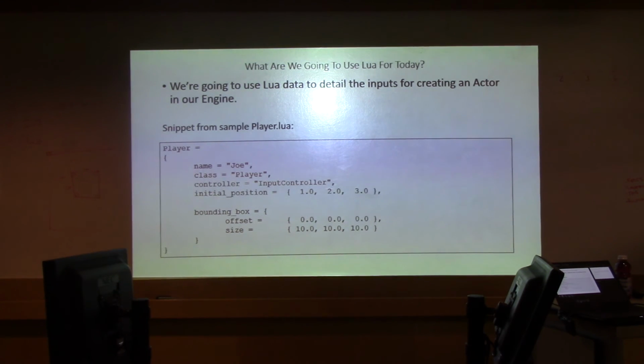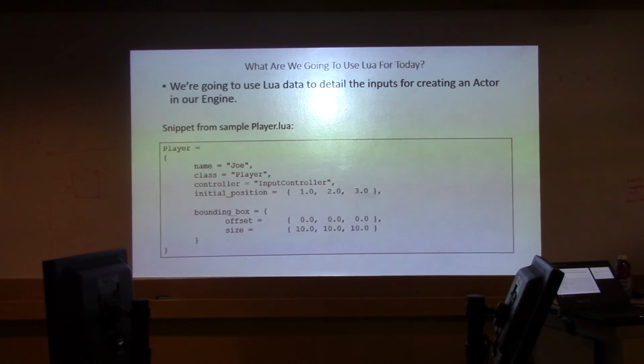So what are we going to use it for today? We're going to use Lua data to detail the inputs for creating an actor in our engine. Here's a Lua file I created to start to define a player in my game. This will start to make more sense as we go through it.